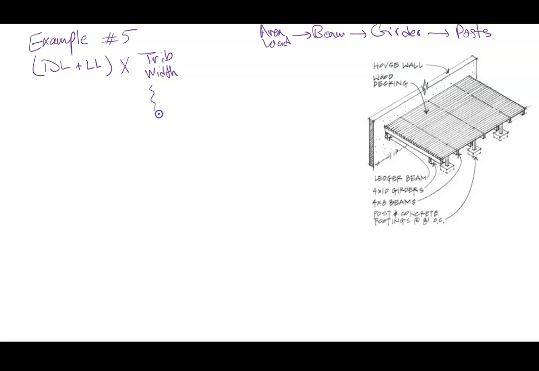So we had a tributary width for an interior beam, and then we did the calculation for an exterior beam. So these are the exterior beams, and then we also have the interior beams.